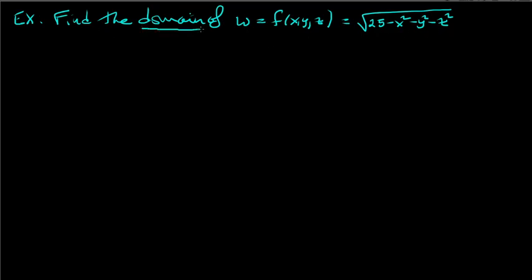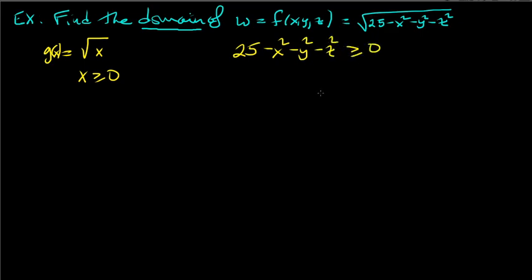So what would be the domain, for example, of this function of 3 variables here? You remember square root functions, say g of x. X has to be non-negative, greater than or equal to 0. So what's under the square root here, 25 minus x squared minus y squared minus z squared, that has to be greater than or equal to 0.